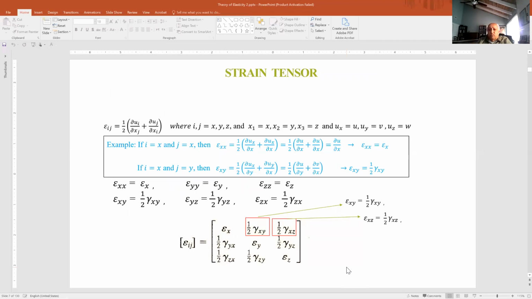However, our later work shows that to define the strain as a tensor of second degree, we need a little bit of adjustment.